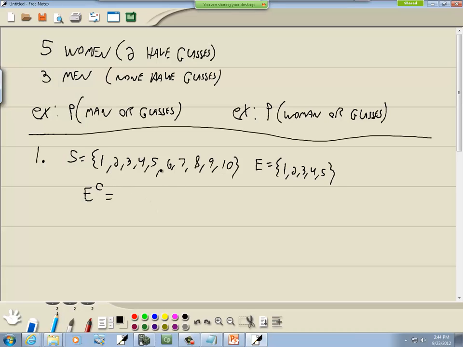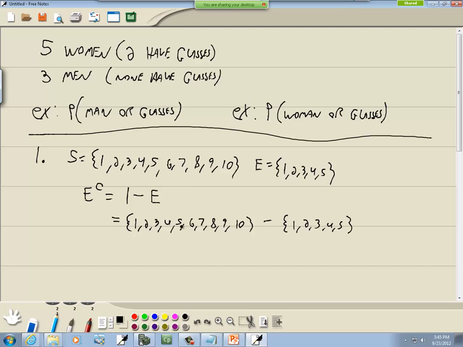So if we take our sample space, which is everything, and I subtract off E, what it's saying in notation is S minus E. Now S is everything, and then we're subtracting off 1 through 5.